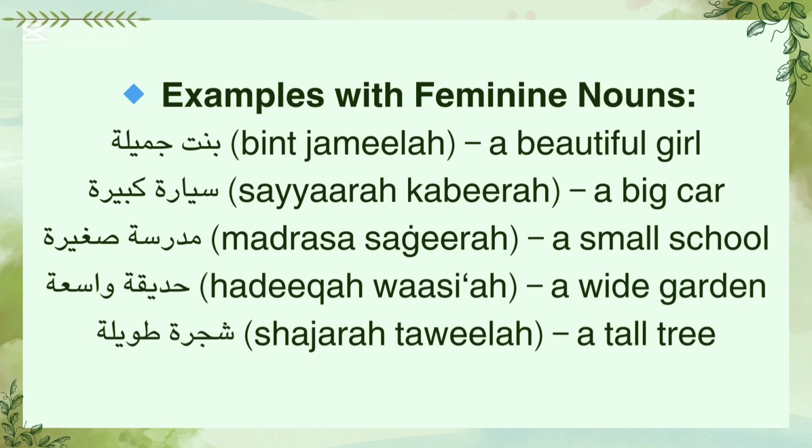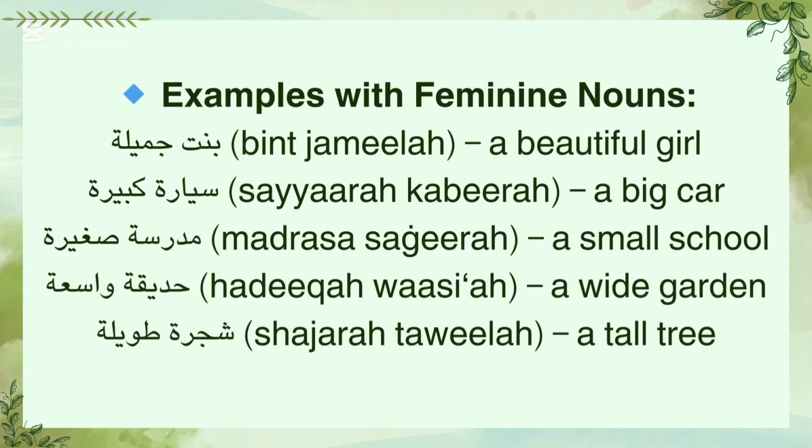If the noun ends with ta marbuta or any ta, it is a female noun. Even if you don't know the meaning of the noun, for example, you don't know what bint means, but bint ends with ta, so it is a female noun, and whatever the adjective is, we add ta to make it female. So it will be bint Jamila.